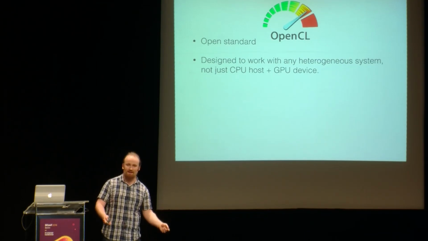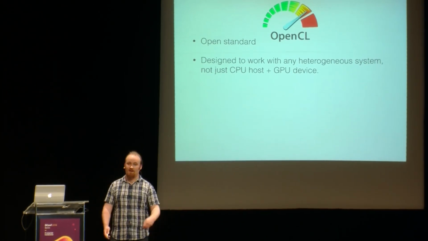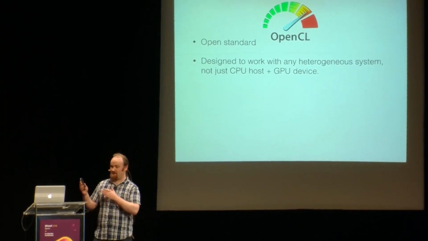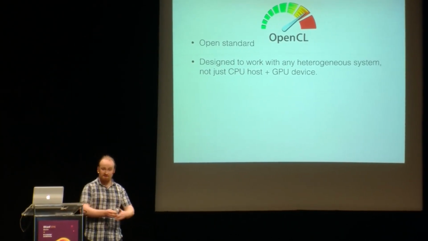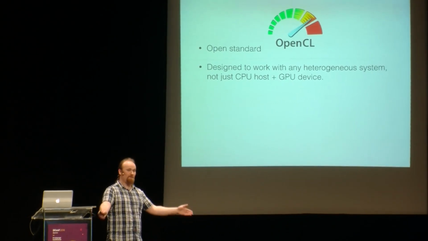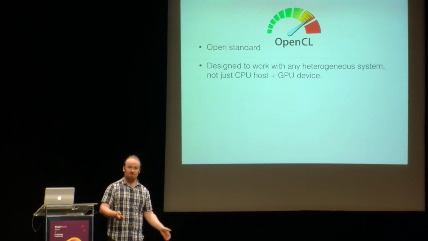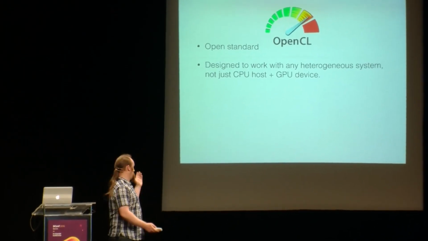But it doesn't have to be like that. It could be an FPGA. There are FPGAs that have OpenCL implementations. It could be a CPU host and a bunch of other CPUs together forming a device. All sorts of possible configurations and all sorts of weird hardware that you can use it with.